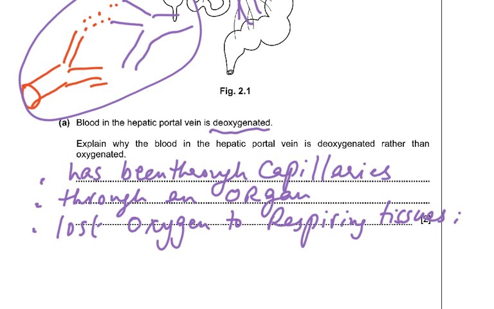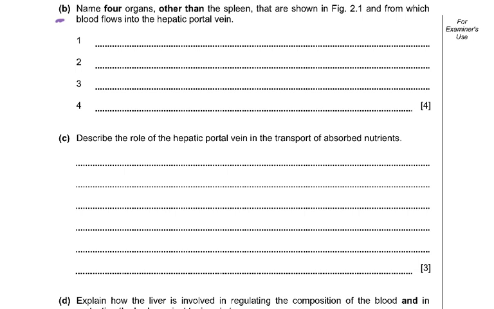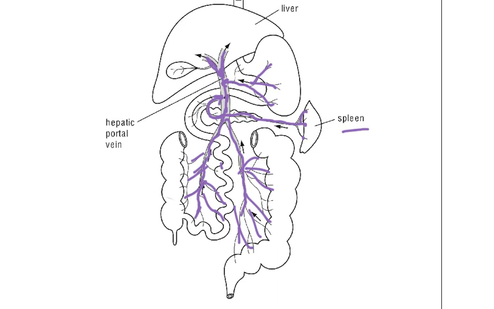Name 4 organs other than the spleen that are shown in figure 2.1 and from which blood flows into the hepatic portal vein. Now you have to look at the diagram and see which other organs. The hepatic portal vein is all the things which are coming. Esophagus, stomach.